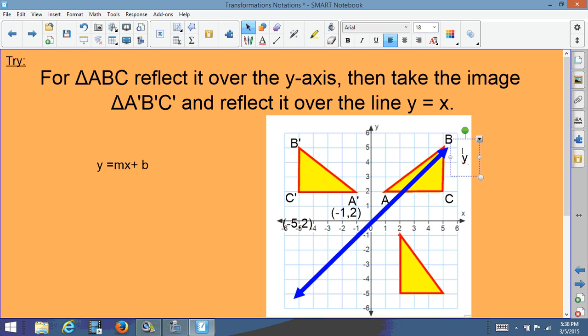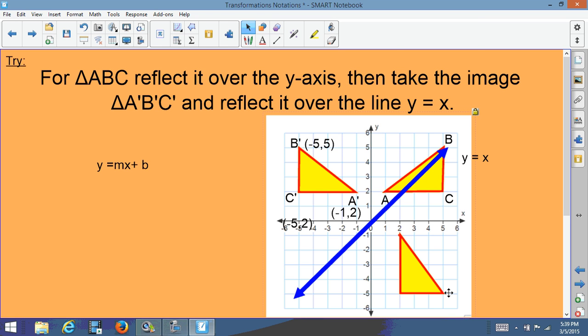So y equal x is the name of this line, and this point, by the way, was -5, 5. And all I did was just switch places with the point, or you can count how many boxes it is from this line and then go straight down and you'll get to that point.